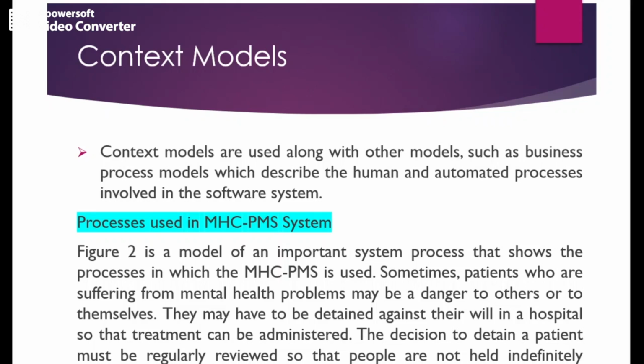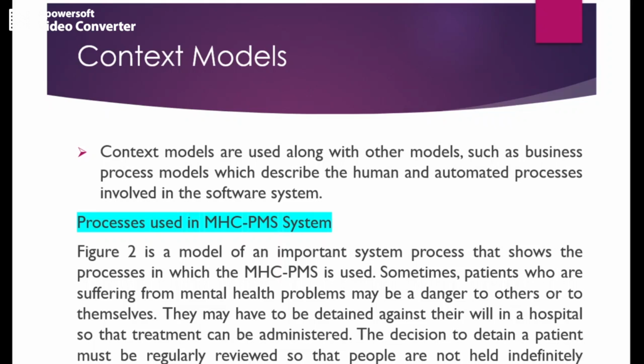So you have to decide whether the patient has to be detained. You have to see his exact health problem, and only then come to the decision for detaining him. Else, without any reason, you should not detain such patients.